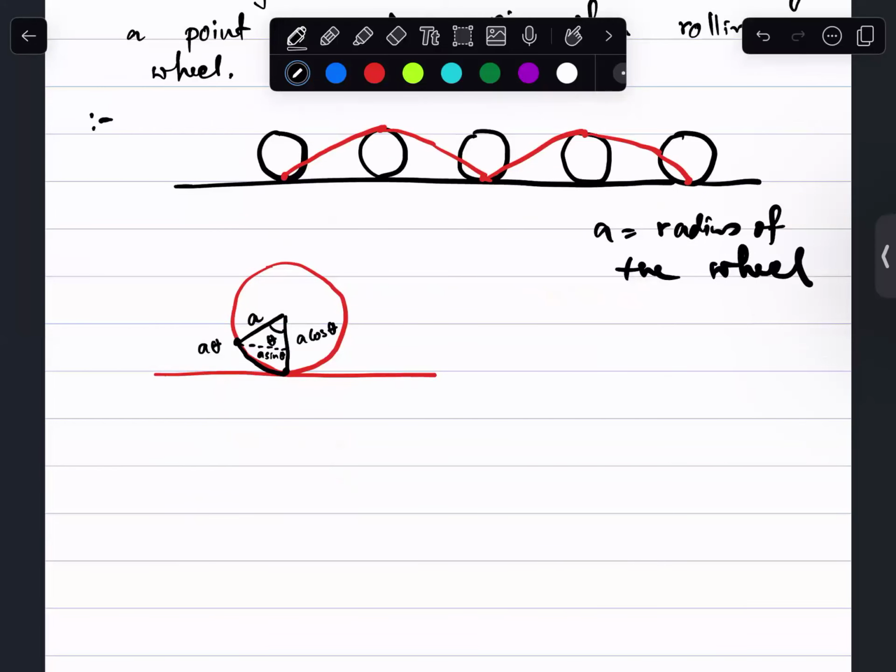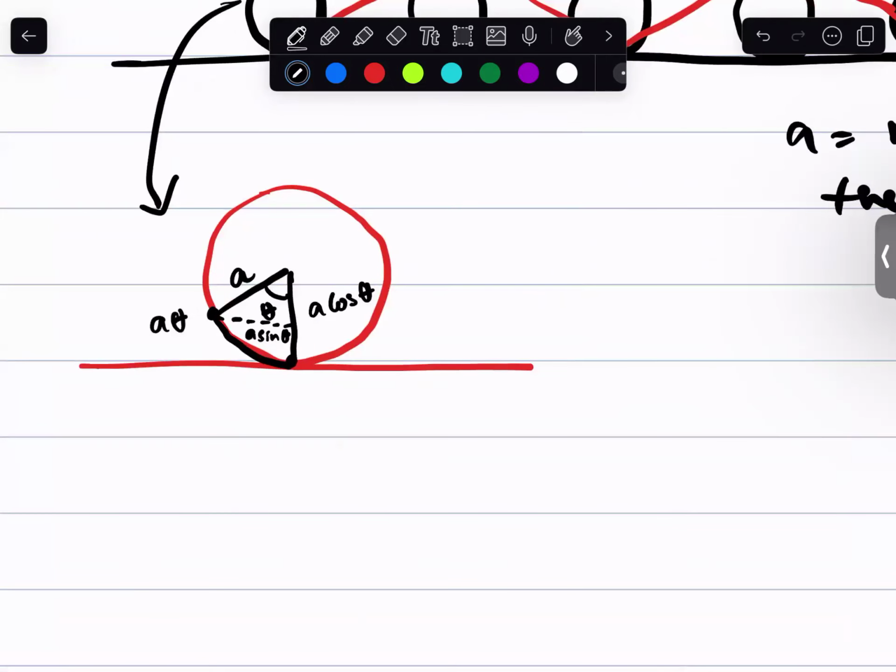When I focus on this circle, I consider theta as the central angle like this, and then this length will be a sin theta, and this length will be a theta.